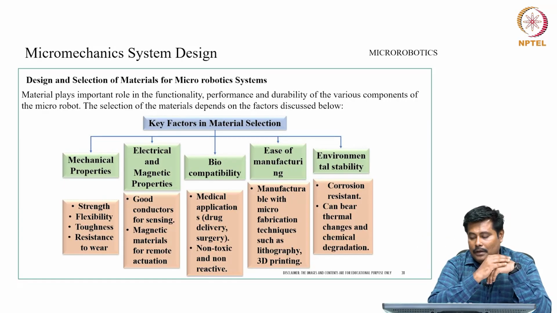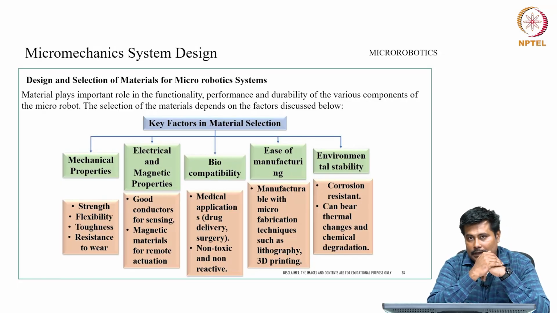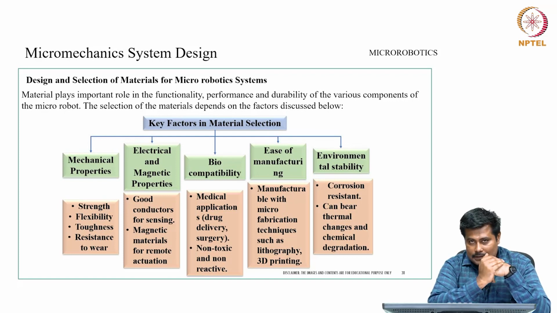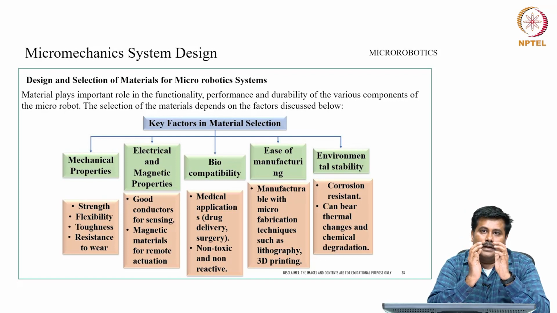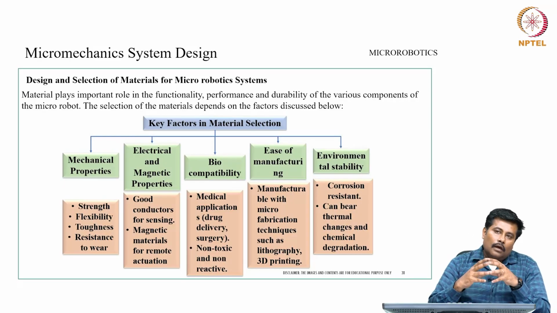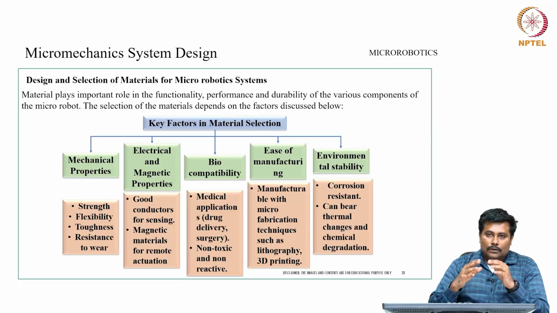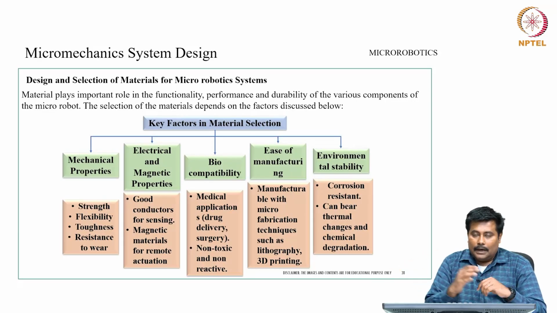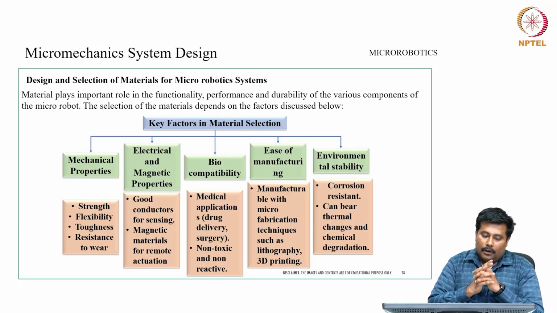One key point to consider is that not only the material, but the overall structural capability as well as the manufacturing capability plays a vital role in giving the functional property based on the requirement. So this is one important point.